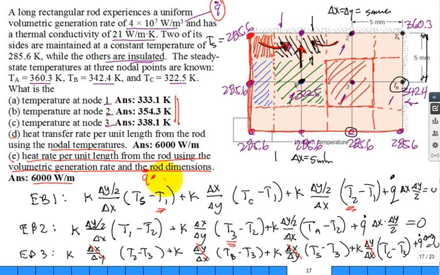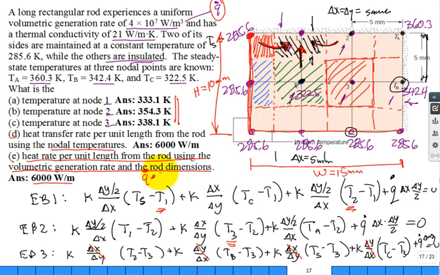This is Q dot times this entire length in the X, and then this entire length in the Y. So how long is the width here in the X? How many millimeters? 15, exactly. 15 millimeters. How high is the total height in millimeters? 10 millimeters, right? 2 5s.